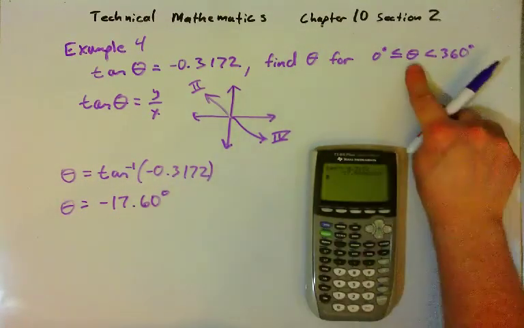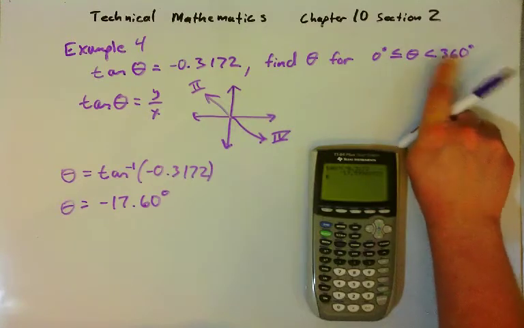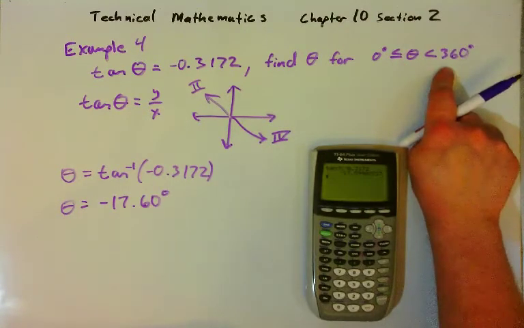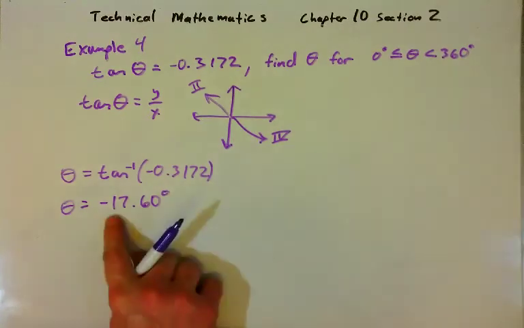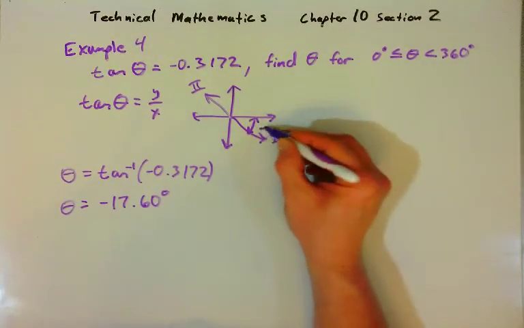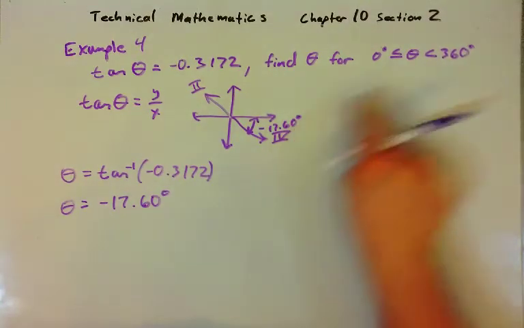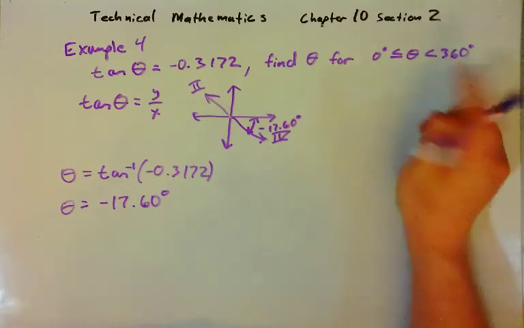Now, that is against the rules. We want theta to be greater than 0, but less than 360 degrees. And so, what our calculator is telling us is that the angle is a negative 17.60 degrees. We need that angle to be positive.